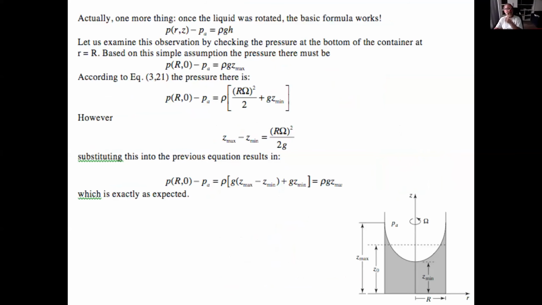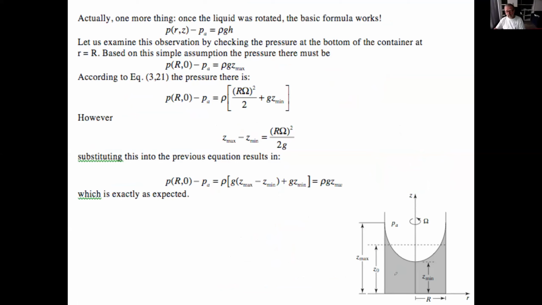Okay. So before I go to the example, I said actually one more thing. In the previous case, I showed you that we can actually use the simple formula, but you need to know the shape of the interface. So what is a simple formula?